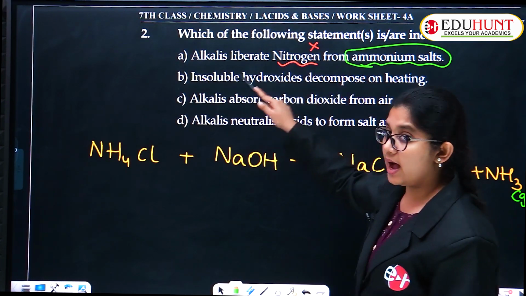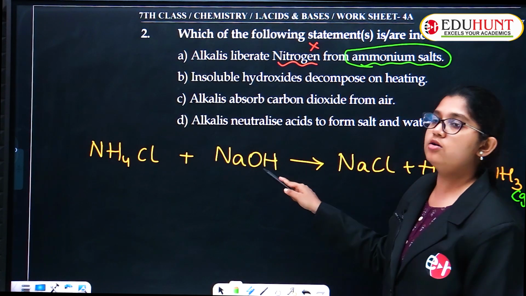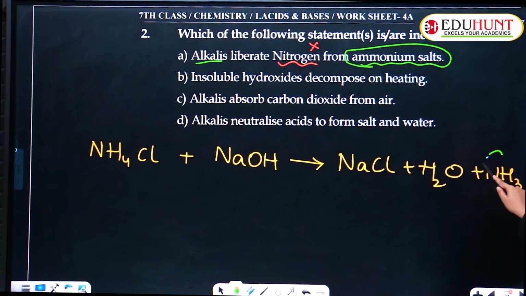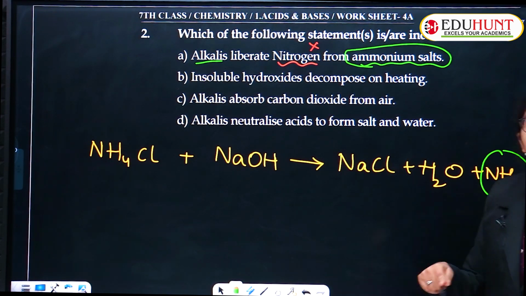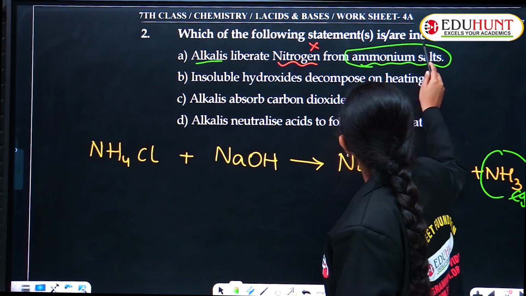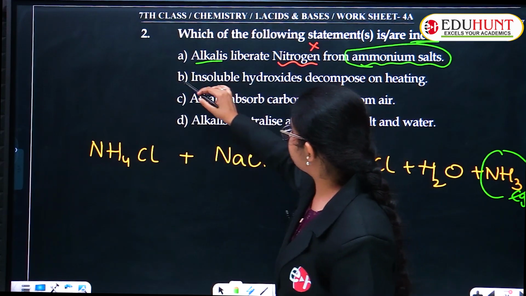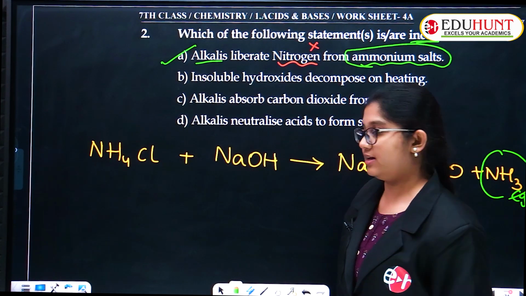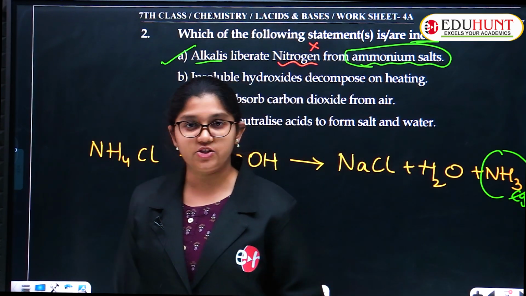If you add ammonium salts to an alkali, which gas is liberated? Ammonia gas, not nitrogen gas. So this statement is definitely wrong. They are asking us for the incorrect one, so we have to take this because it is not liberating nitrogen, it is liberating only ammonia gas. Now we will check whether B, C, D are right or wrong.